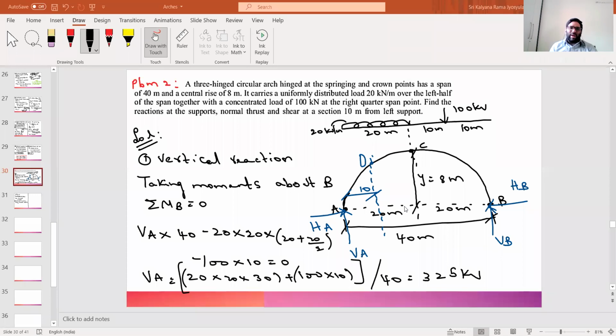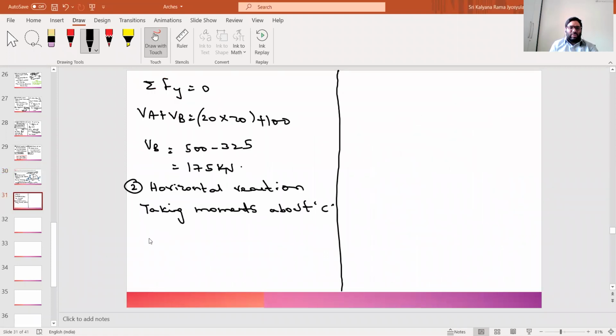If you are coming from right, this is what we have. If you come from left hand side, VB into 20, then minus 100 into 10, and then we have minus H into 8.